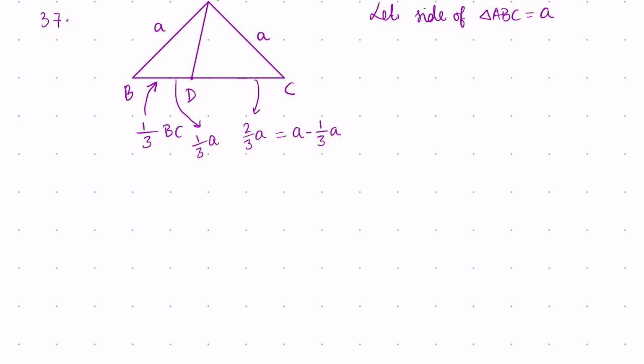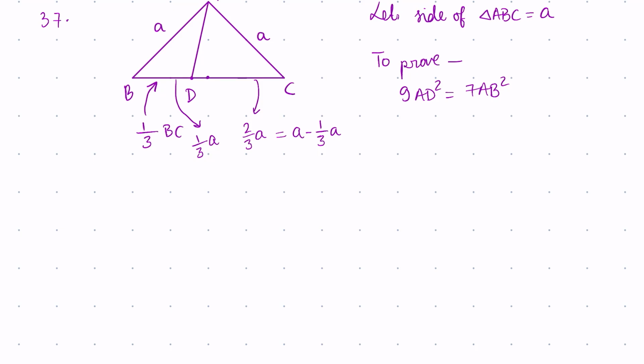Okay, so we need to prove 9AD squared is equal to 7AB squared. Okay, so how might we approach that? Well, let's draw one more point.